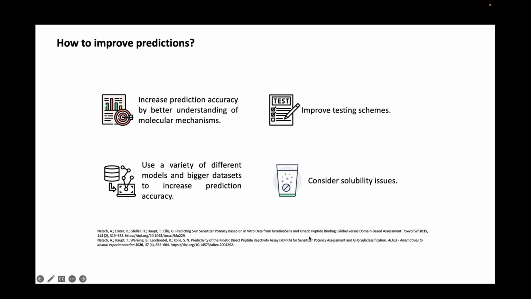And also solubility issues I listed here, because some assays are done in acetonitrile or funny solvents. We always have to remember that our organisms are water-based, and by changing solvents, you also change the reactivity of chemicals. So if you do assays in acetonitrile, maybe you need to consider that reactivity might change, and that this influences the prediction result as well.